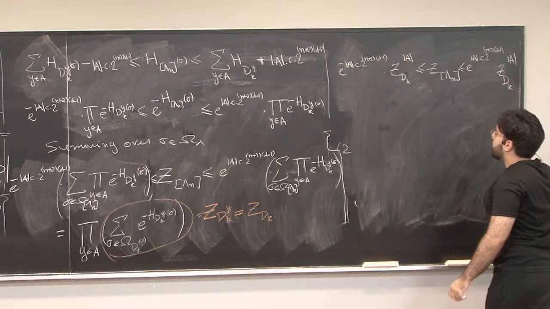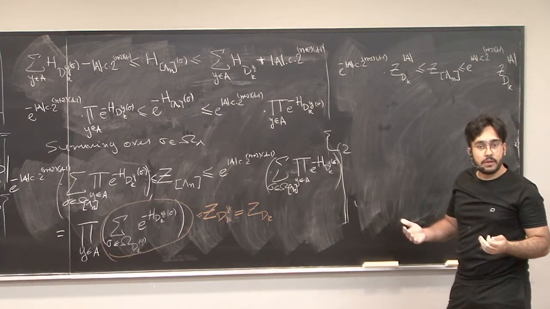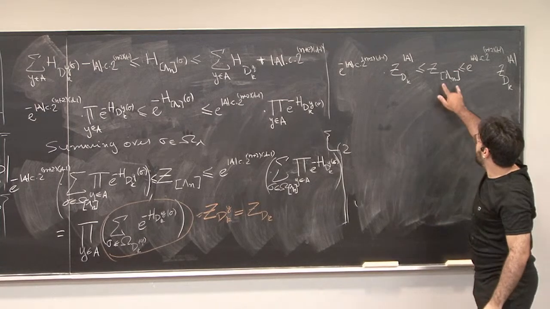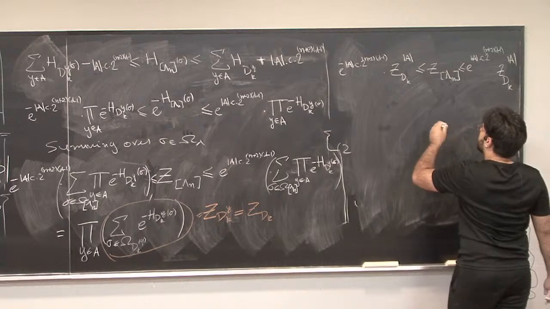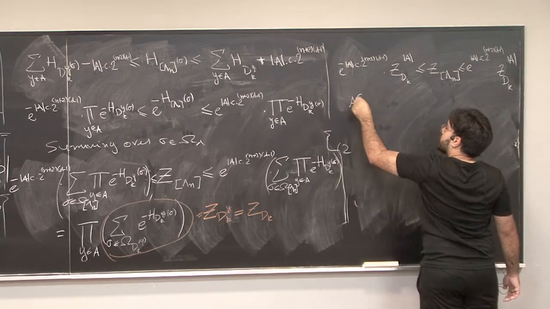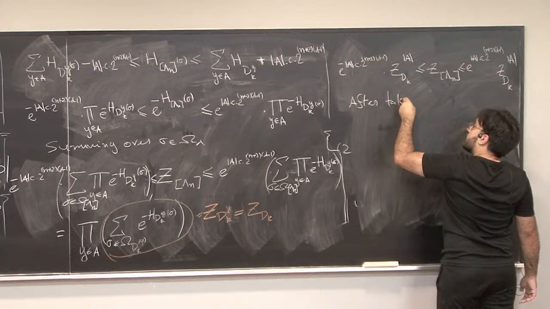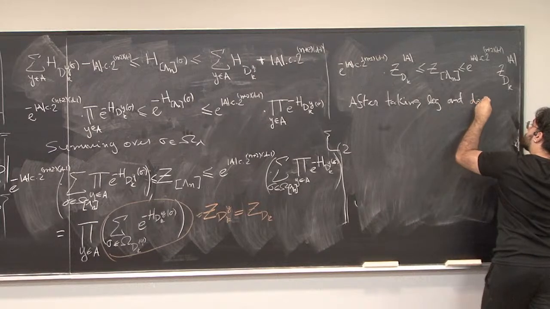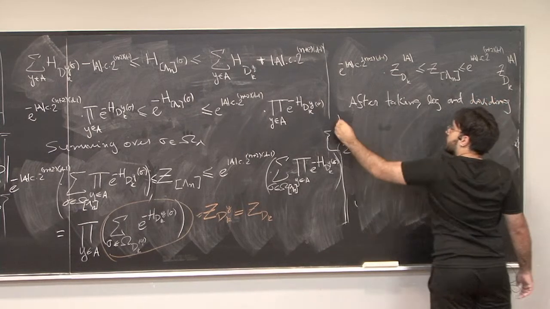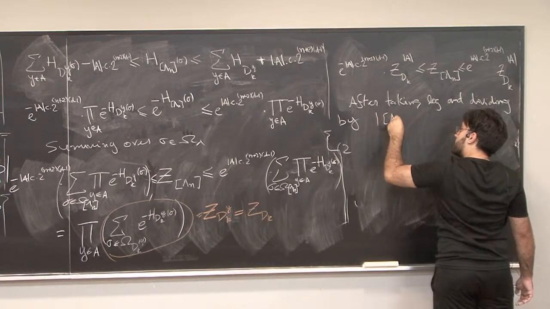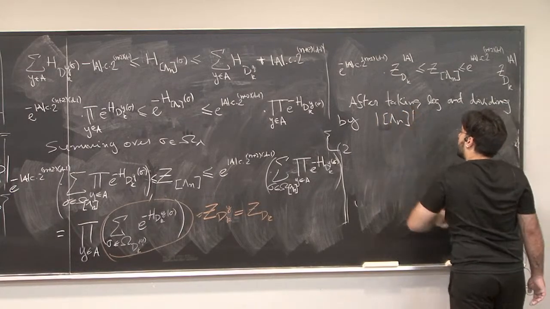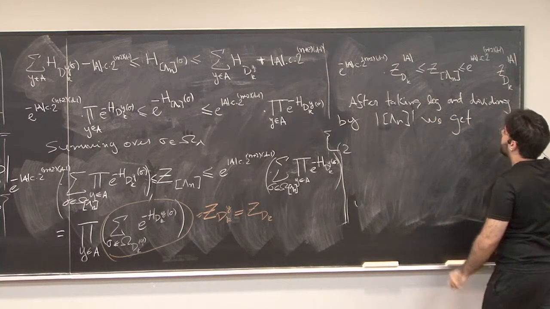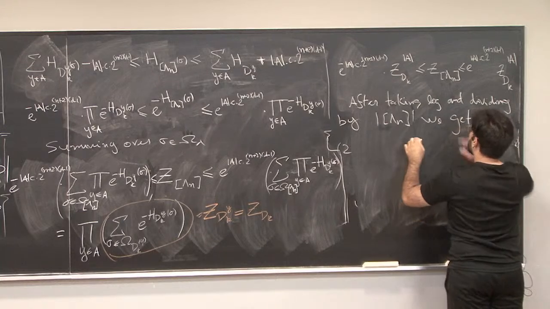Okay. So now we take the logarithm of everything. The log will also preserve the inequalities. And then we divide by the size of the set. So after taking the log and dividing by the size of the cover, we get this part.